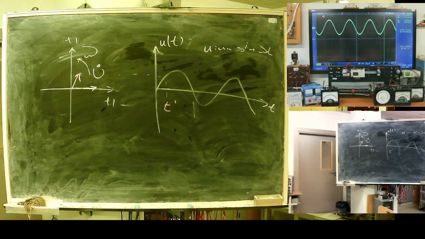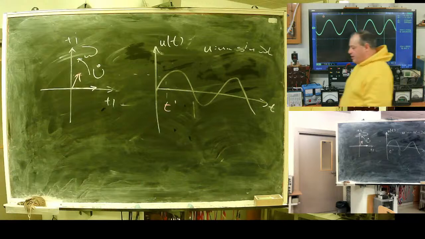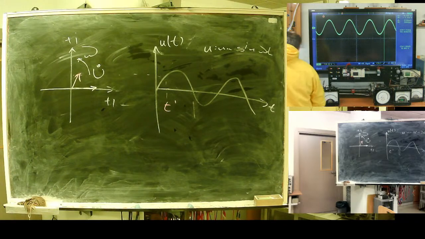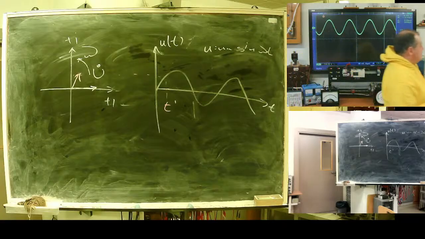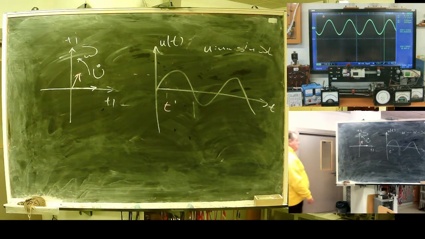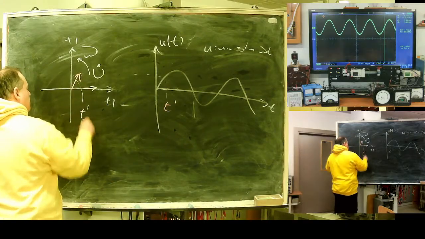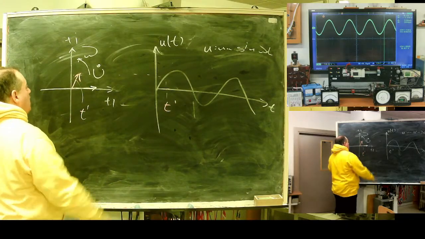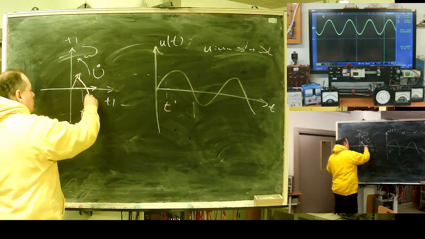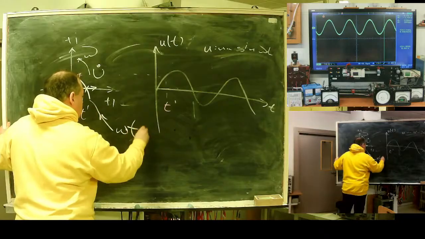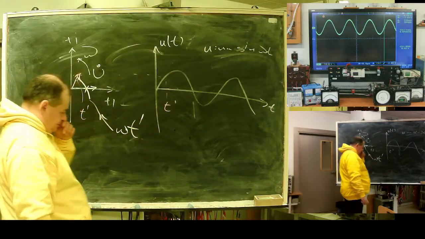Electrotechnics theory relies on phasor representation. This is the phasor for T1. And this angle will be omega T1.